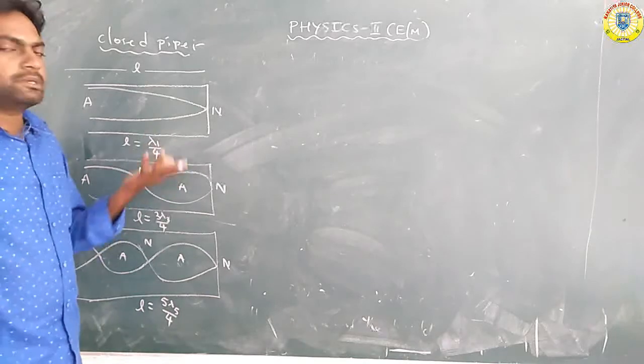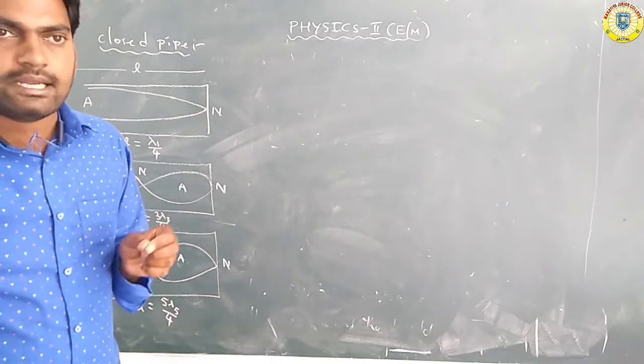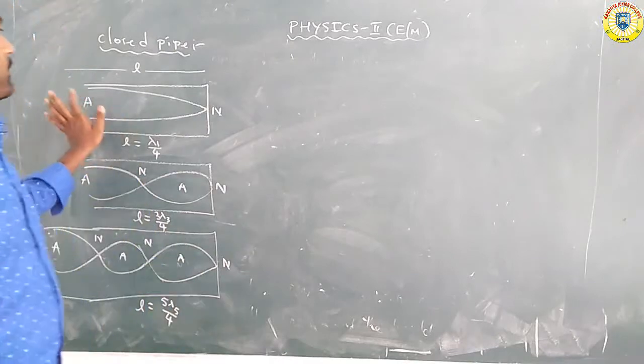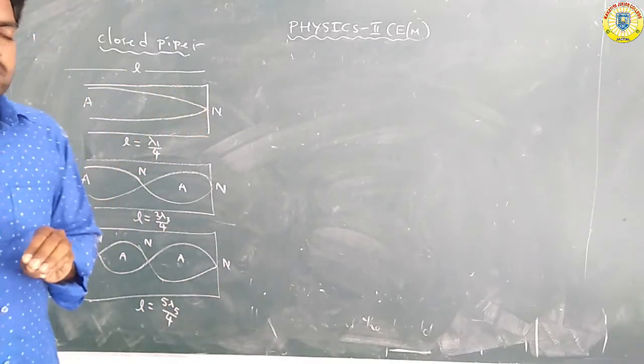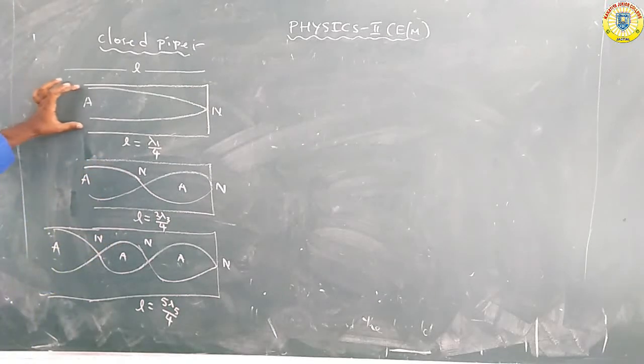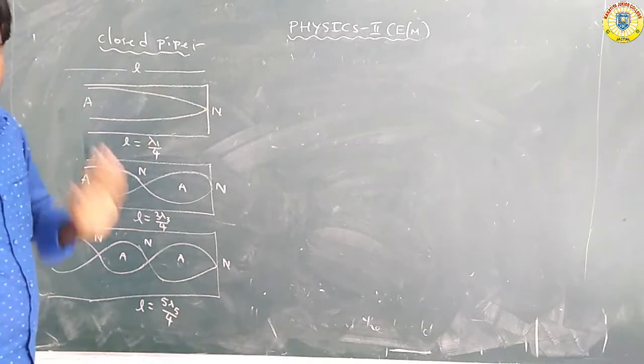Okay. So what is a closed pipe? Closed pipe means one side is open, another side is closed. The sound wave is sent through the pipe and gets reflected at the end of the pipe.